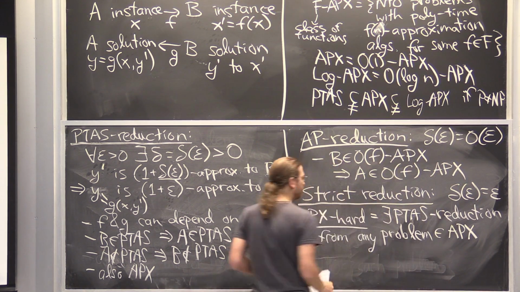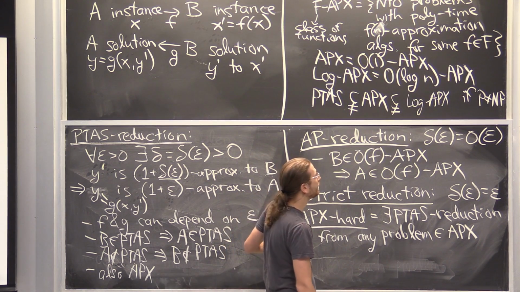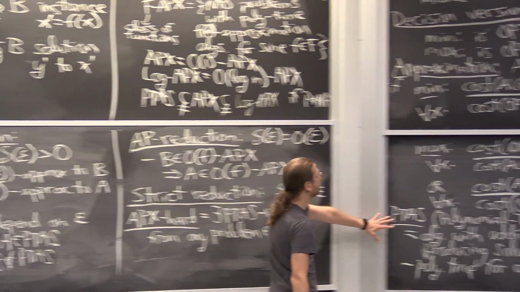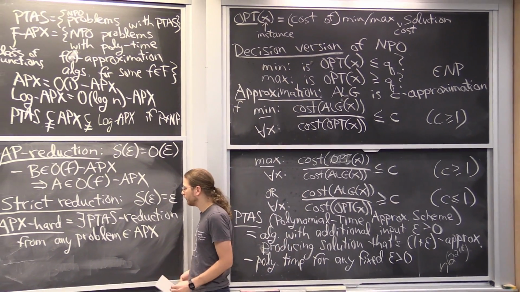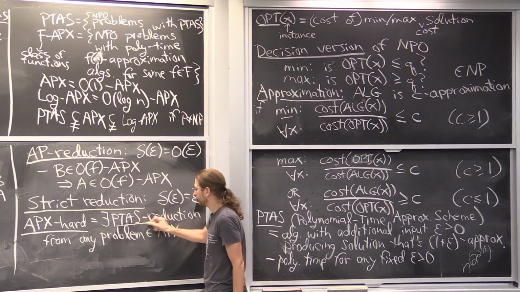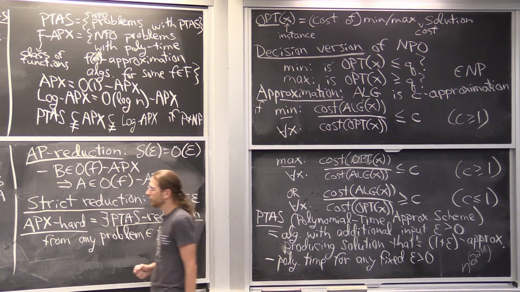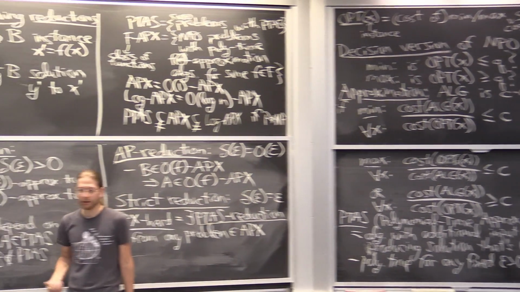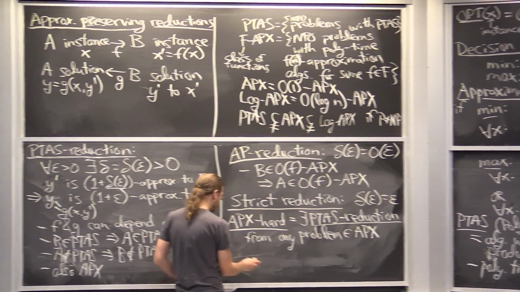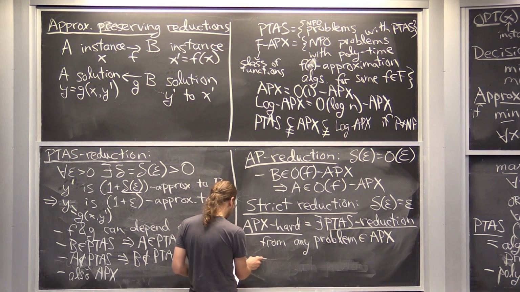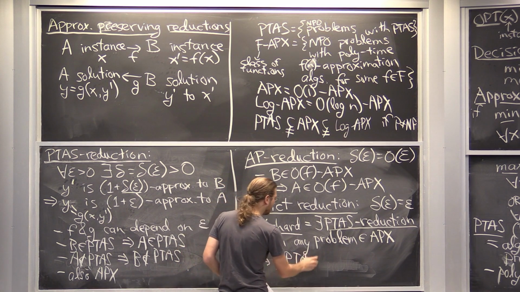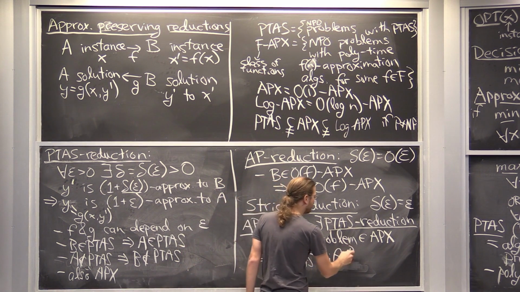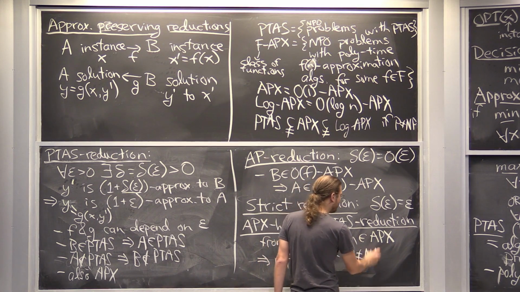And because we're trying to distinguish between PTASable problems and just constant factor approximable problems, we are interested in PTAS reductions. So it's going to turn out that APX-hard, well, I guess we sort of already know, this implies you're not in PTAS if P does not equal NP.